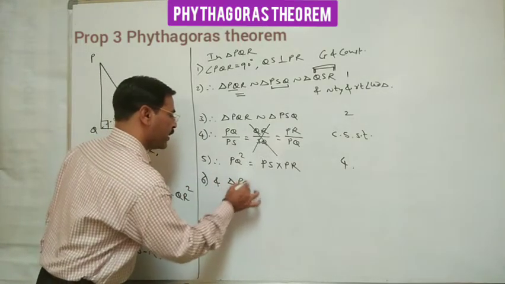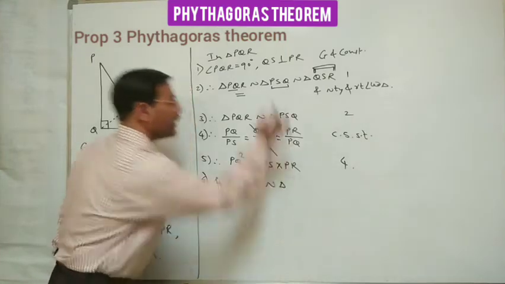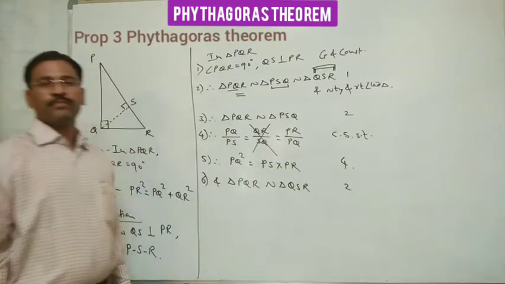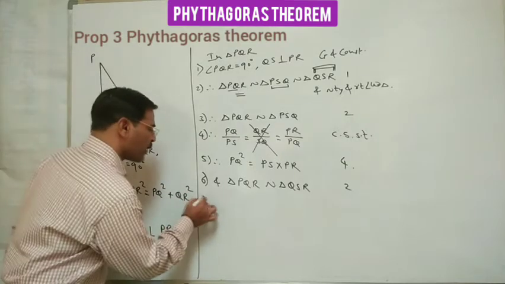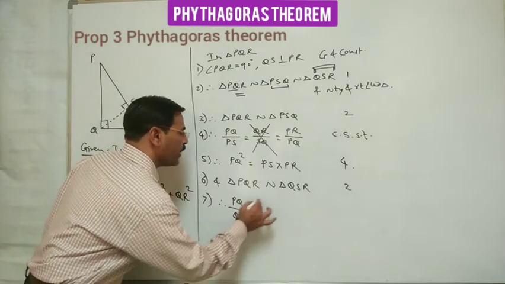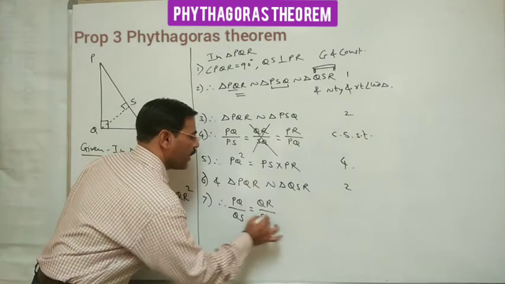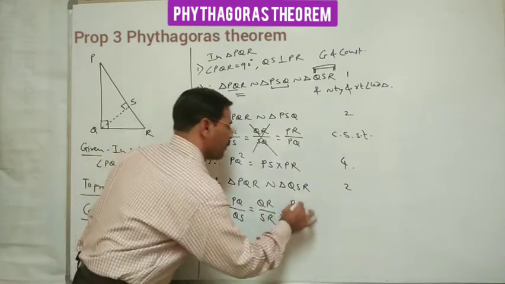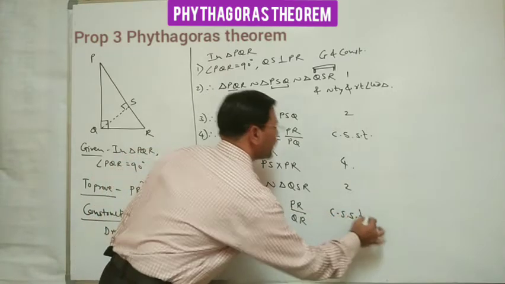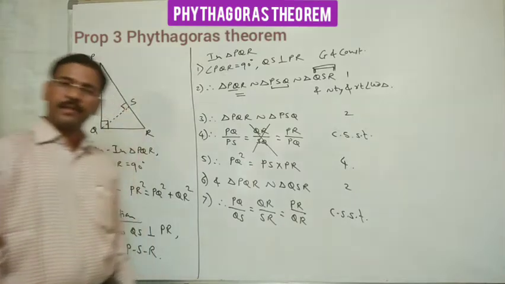Triangle PQR similar to triangle QSR. This is again from 2. Their sides are also in proportion. So PQ upon QS, QR upon SR, PR upon QR. These are corresponding sides of similar triangles.